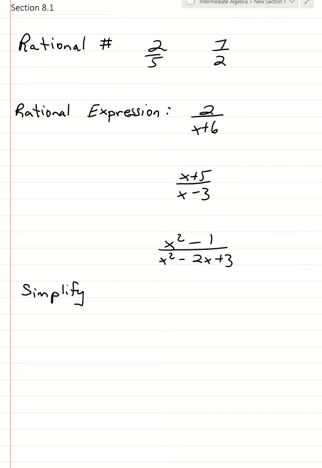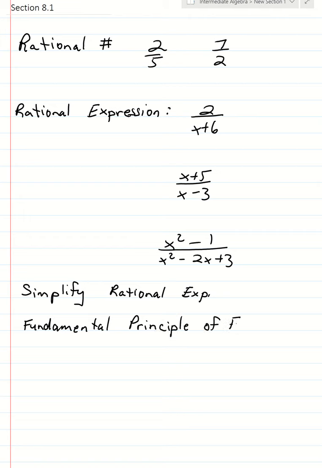And when we simplify a rational expression, what we're going to have to use is what we call the fundamental principle of fractions. And it's with this fundamental principle of fractions that we have the opportunity to simplify rational expressions.